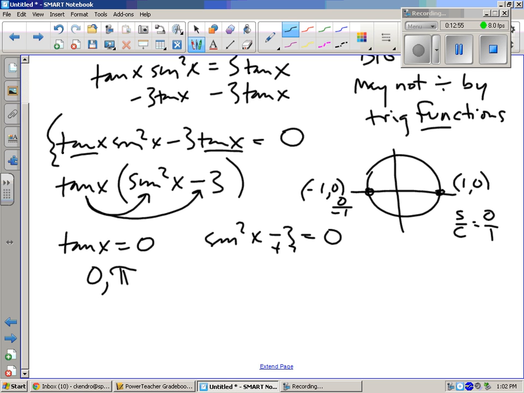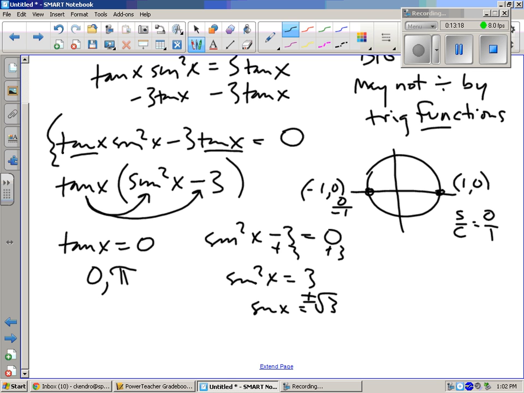This one I need to add 3. So sine squared equals 3. Square root, so sine of x equals plus or minus the square root of 3. And square root of 3 is a number that's bigger than 1. Okay, square root of 3 is like 1.6.